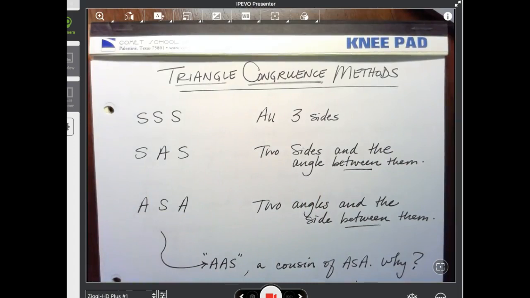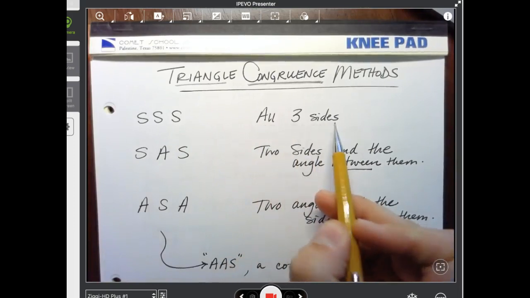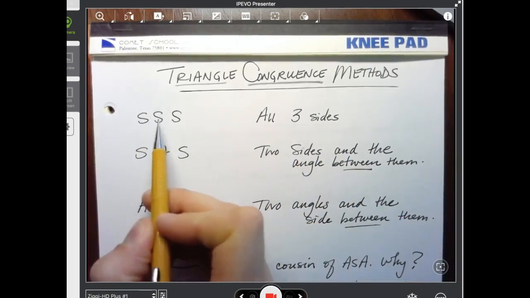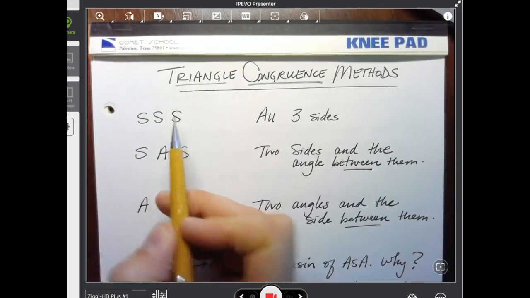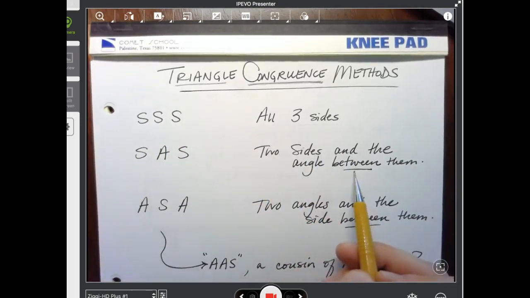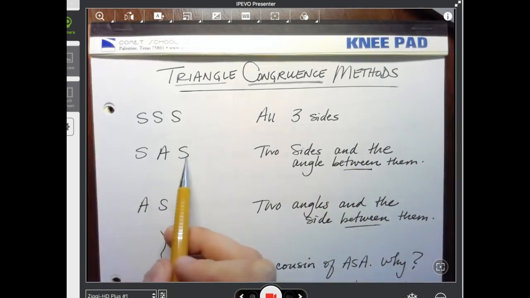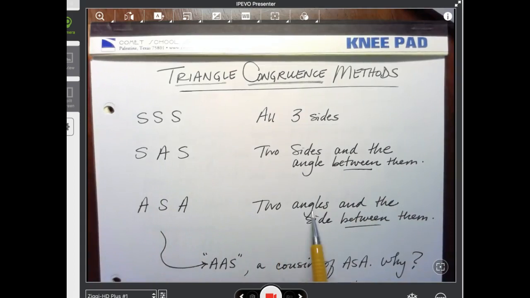And so we have different ways of doing this. We can say if all three sides are congruent, we have side, side, side congruence. If we have two sides and the angle in between them, then we have side, angle, side. If we have two angles and the side in between them, we have angle, side, angle.